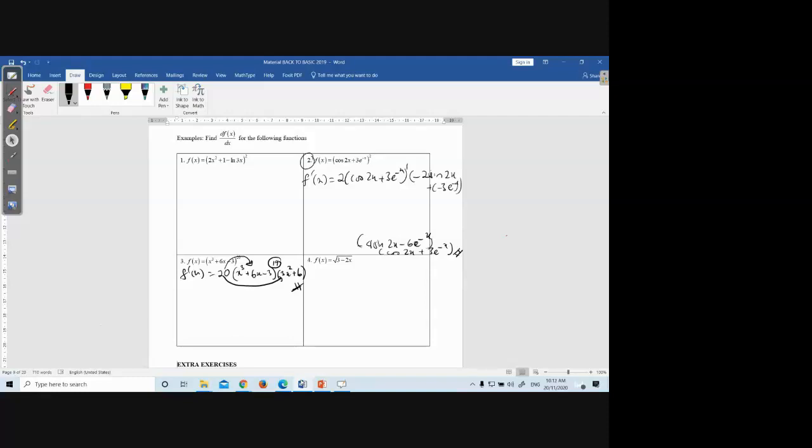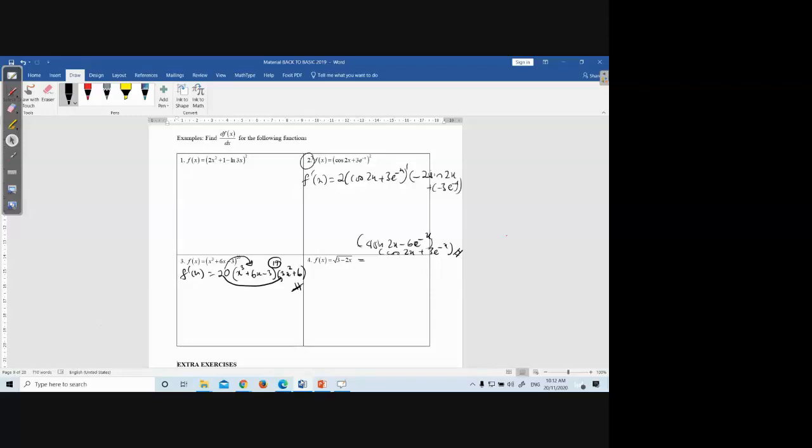What about the last example here? The square root of 3 minus 2x, power 1 over 2. Very good.